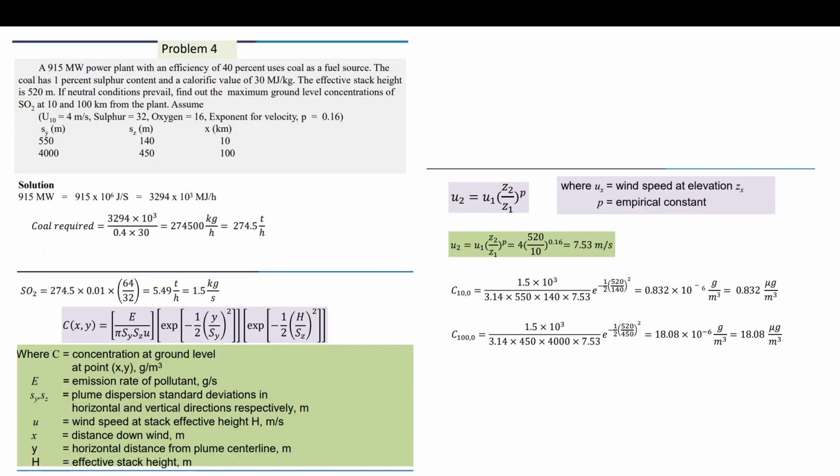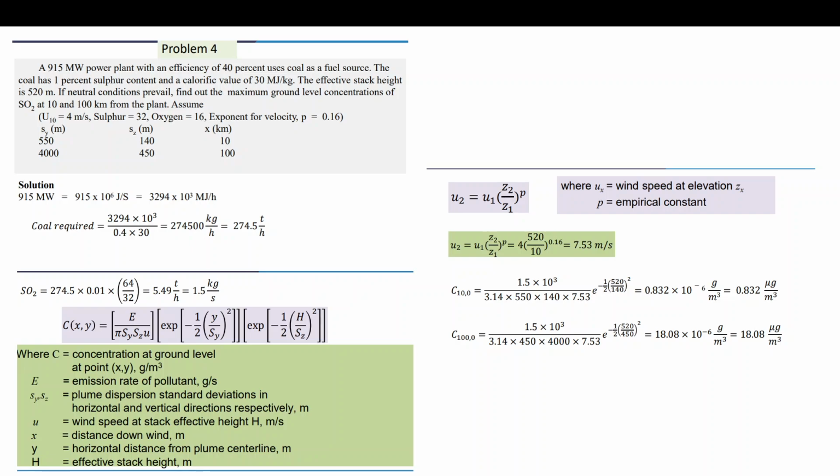Next question is, a 915 megawatt power plant with an efficiency of 40% uses coal as a fuel source. Now the coal has 1% sulfur content and a calorific value of 30 megajoule per kg. Now the effective stack height is 520 meters.